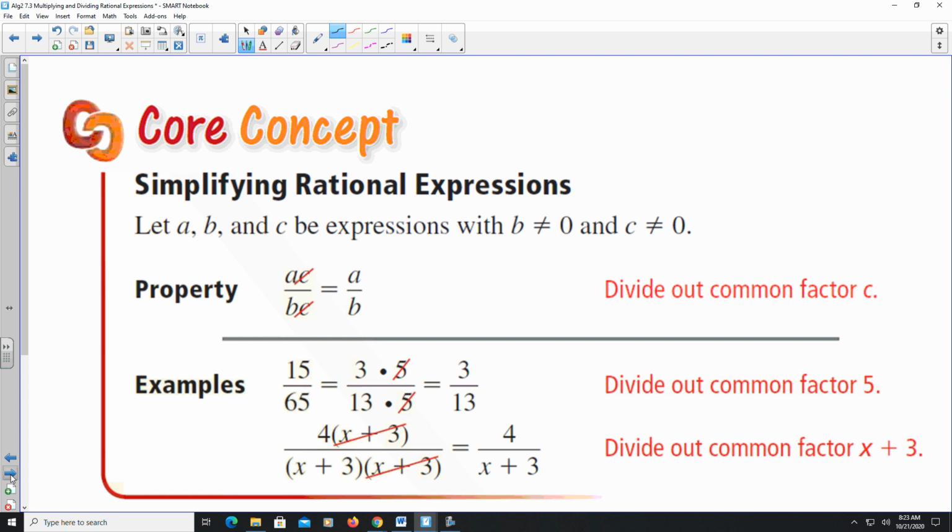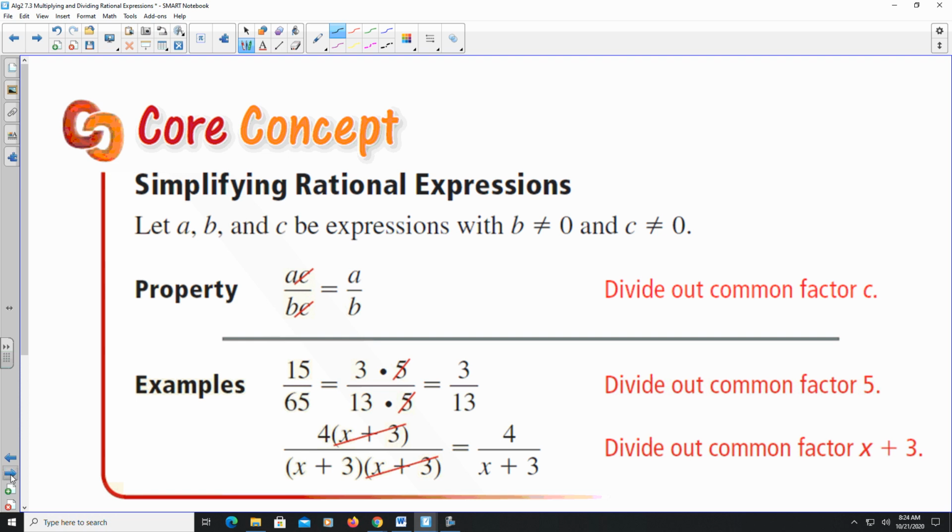What we're looking at here today is simplifying an expression. Anytime we simplify an expression, whether it's multiplication, division, or just a single fraction, we want to cancel out as much as we can before we do any type of operation.